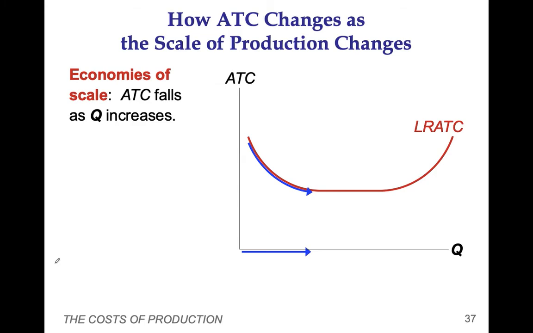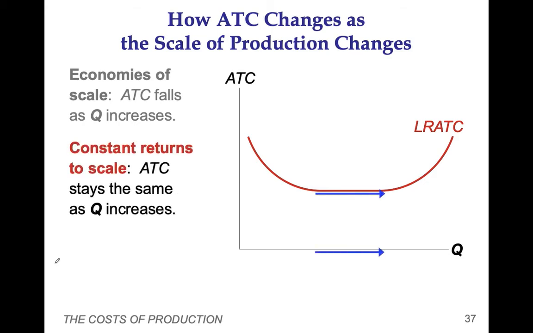At the beginning, you see that the long-run average total cost curve is falling downward as the quantity of output increases. We call this phase the phase of economies of scale: economies of scale occur when the average total cost falls as Q increases.